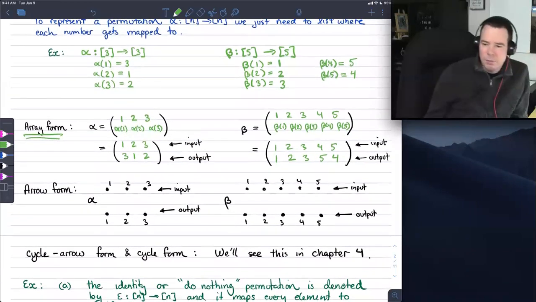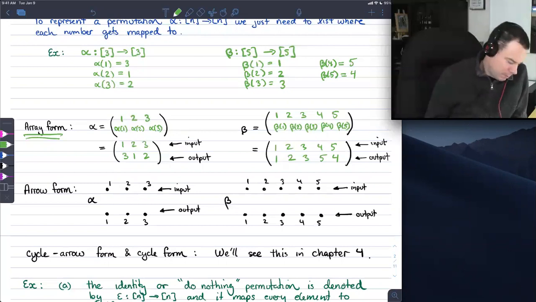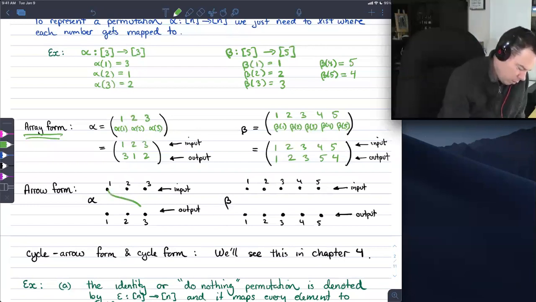Sometimes it helps to have a visual representation of these things in terms of arrows. And so this would be our, quote unquote, graph representation of the permutation, of the function. So here, 1 in our input gets mapped to, or alpha of 1 is, 3. So 1 goes to 3.